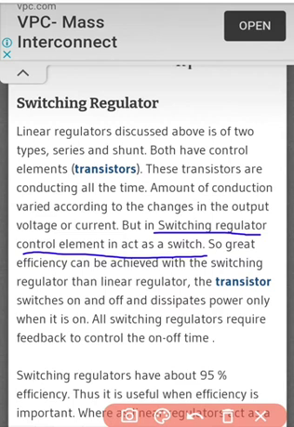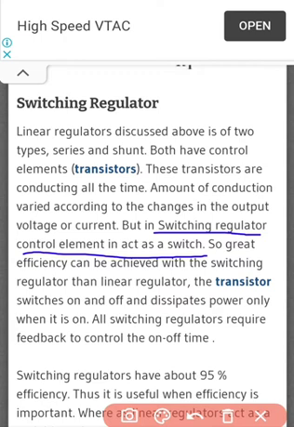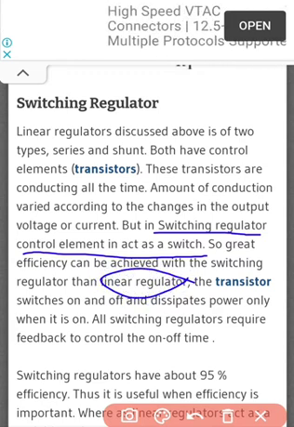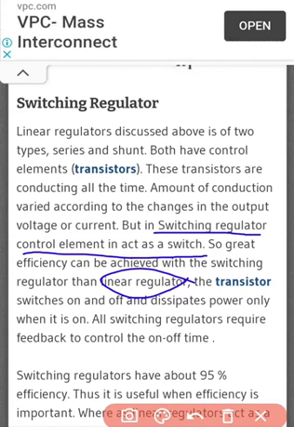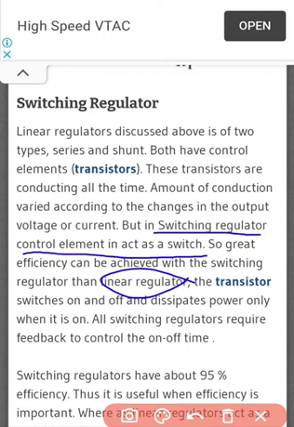Great efficiency can be achieved with the switching regulator compared to the linear regulator. Whatever we can achieve through a linear regulator, it is better to use the switching regulator, because it can perform the switching action, the on and off action, frequently or control it in a good manner, so that dissipation power occurs only when it is required, or only when it is in the on position.